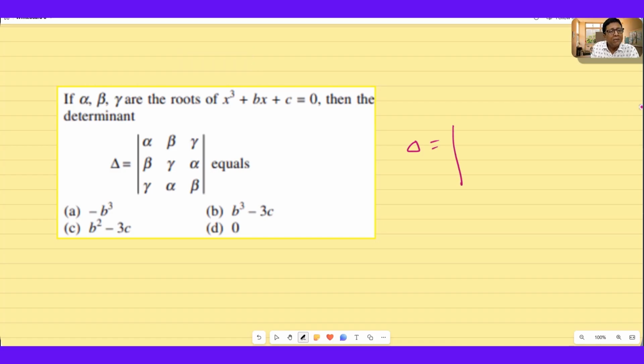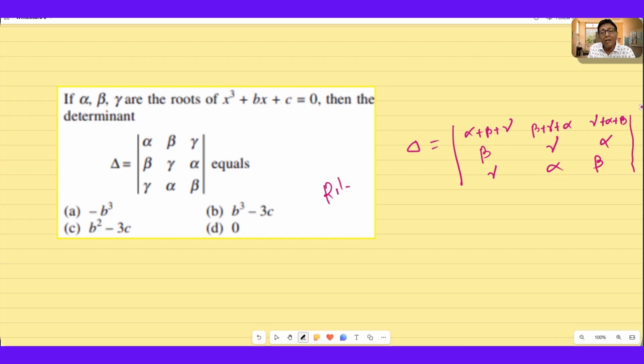Add again like the previous one. Alpha plus beta plus gamma, beta plus gamma plus alpha, similar to all previous ones. Beta gamma alpha, gamma alpha beta. So what did you do there? You have used R1 dash equal to R1 plus R2 plus R3.